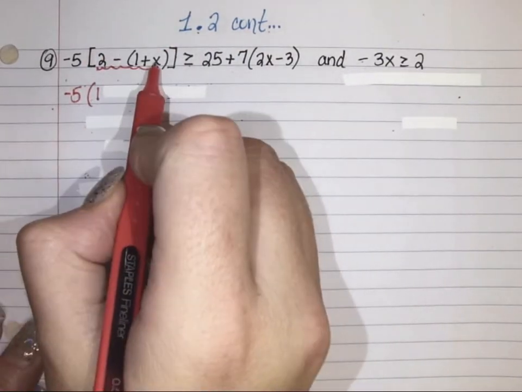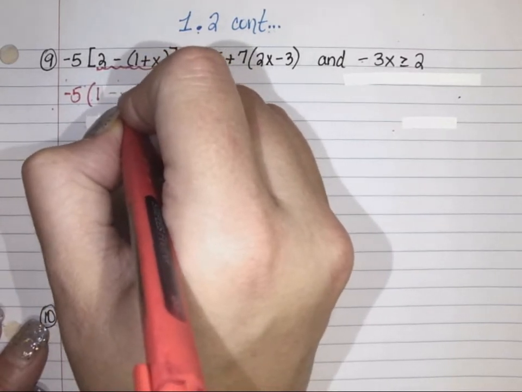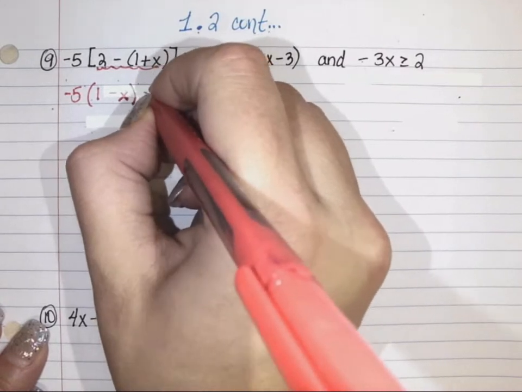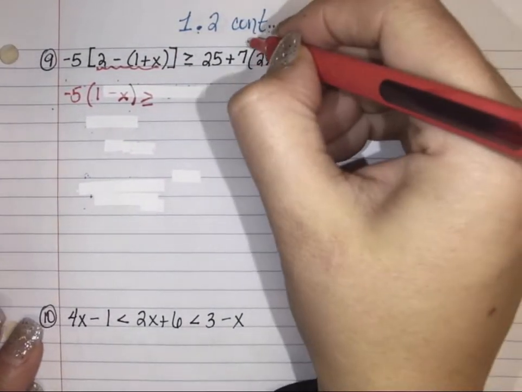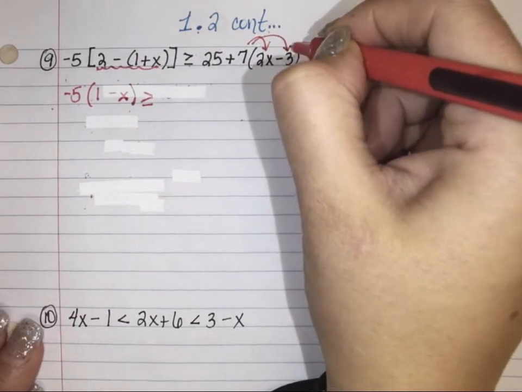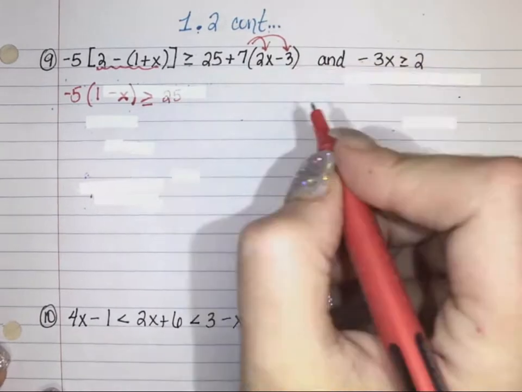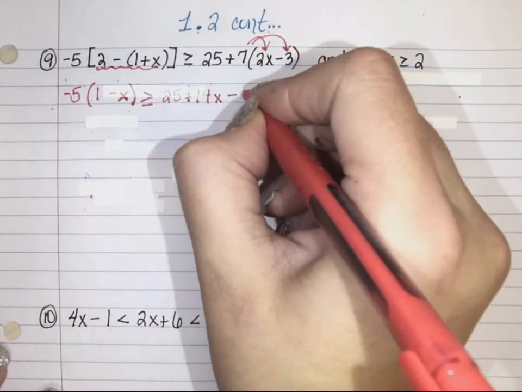Negative sign distributed to x is negative x, and then greater than or equal to. Let's go ahead and distribute positive 7 to 2x and negative 3. So that's going to make 25 plus 14x minus 21.